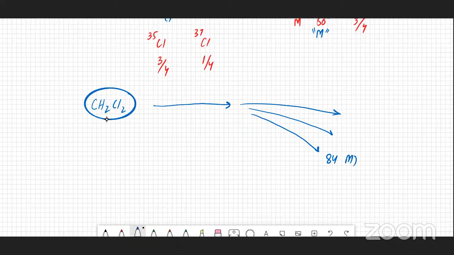That's your M peak. In the molecular ion, the lightest particle is your M peak. And after that, one of the Cls could be 37, so the mass would be different. It's going to be 86. It would be slightly heavier, so its deflection will be a little less. And then there's going to be another one which would be 88 because both the Cls are 37, and that would be your M plus 4 peak.